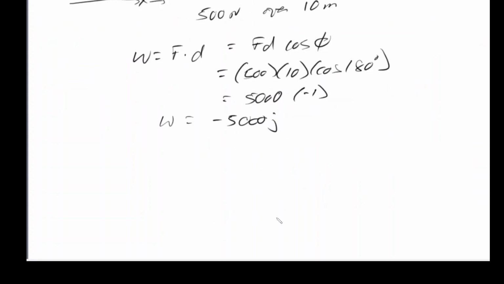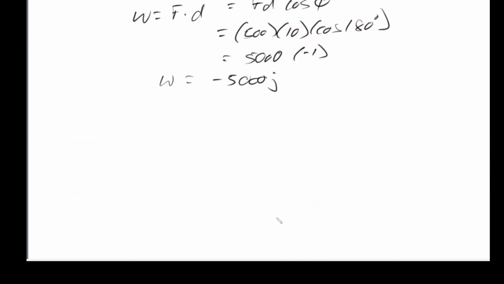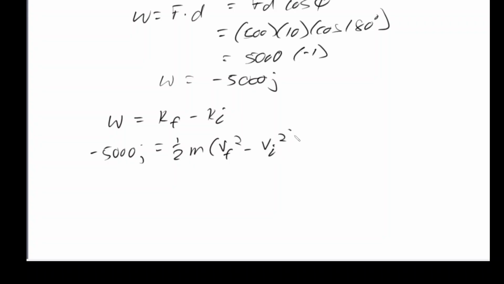Now we want to find her velocity. Using the work energy theorem, work is equal to the change in kinetic energy, which is K final minus K initial. So we know minus 5,000 joules is equal to 1/2 m times (v final squared minus v initial squared).